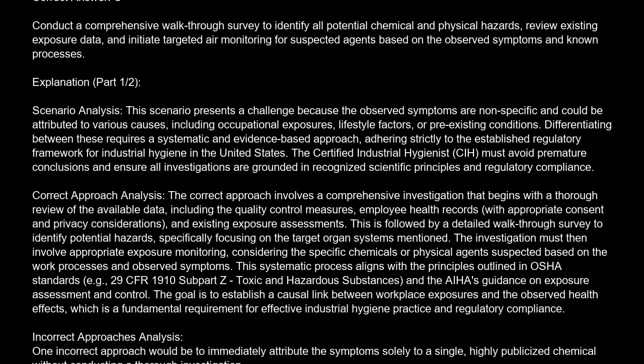This systematic process aligns with the principles outlined in OSHA standards, e.g. 29 CFR 1910 Subpart Z, toxic and hazardous substances, and the AIHA guidance on exposure assessment and control. The goal is to establish a causal link between workplace exposures and the observed health effects, which is a fundamental requirement for effective industrial hygiene practice and regulatory compliance.